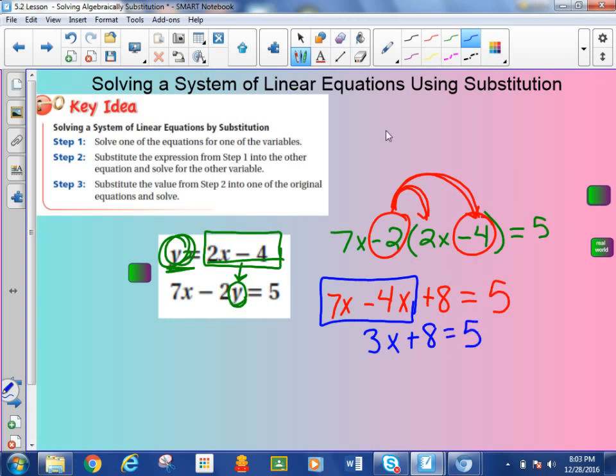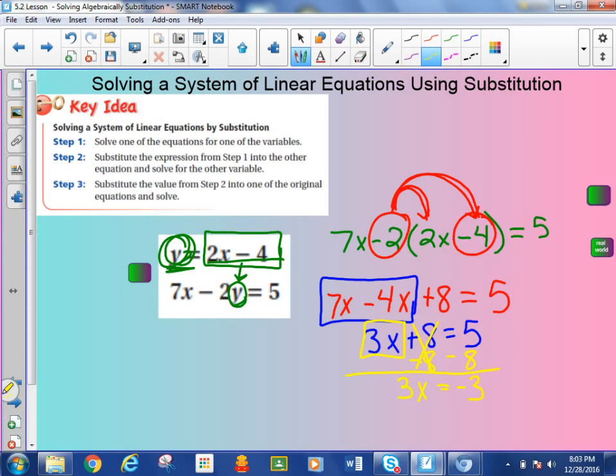Now we're at a two-step equation. Our next step is to isolate and get that x by itself. We're going to leave this there, and get rid of the non-x by doing a minus 8 on both sides. I now have 3x equals 5 minus 8, which gives me a negative 3.